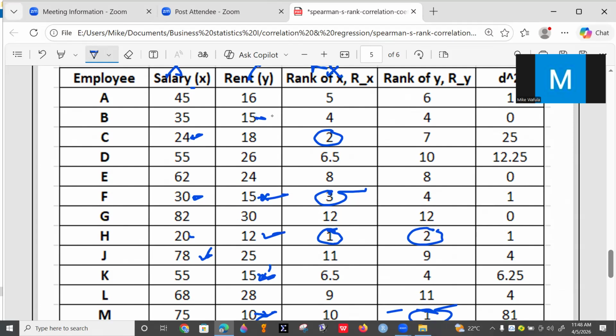So what happens here if there are 3 holding the same position? Ideally, if they were not the same, they would be occupying positions 3, 4, and 5. Because they are 3 and they're tying, we get the average of the positions they would have otherwise held. That is positions 3, 4, and 5. So we add 3 plus 4 plus 5, and the average of the 3 is 4.